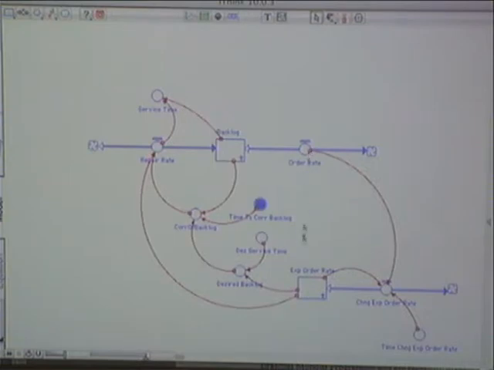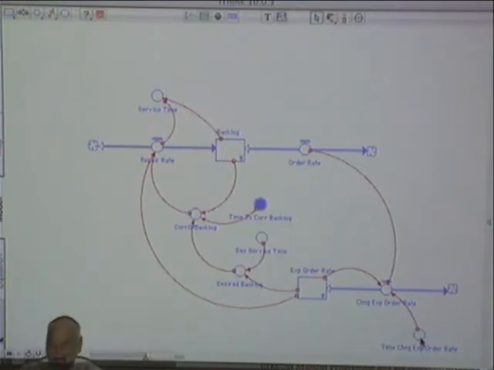So I took the difference between the two and I divided by the time to change that order rate. Or I did it the other way around, namely had a weight on that. So the expected order rate is adjusting towards the order rate over a certain period of time. The same thing will happen here.